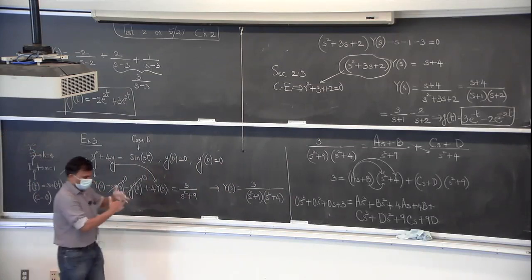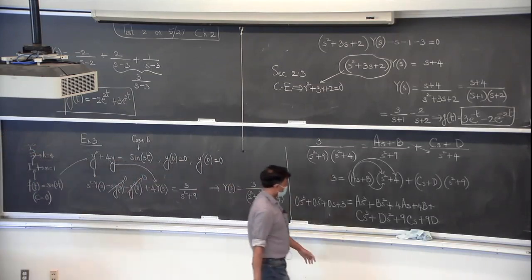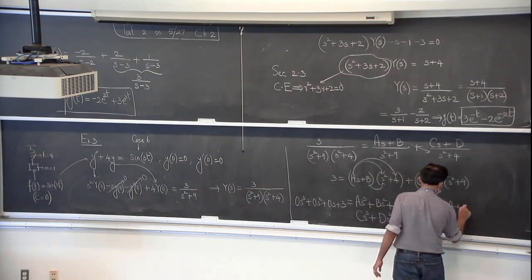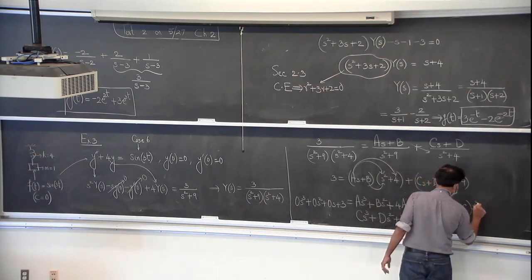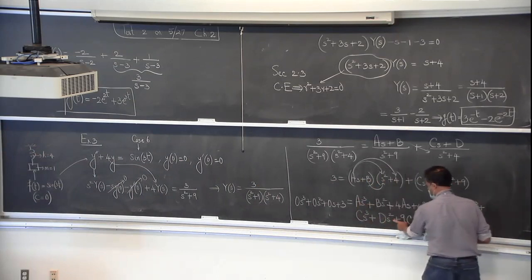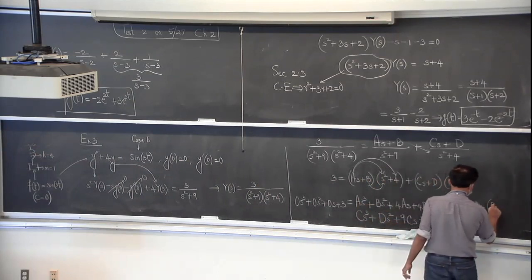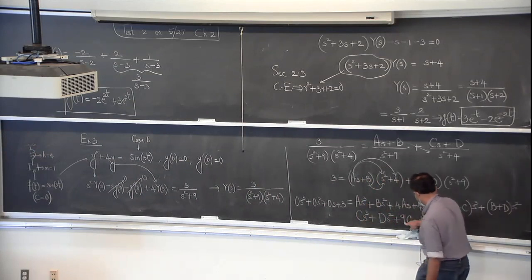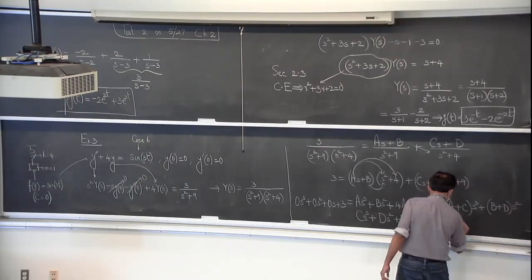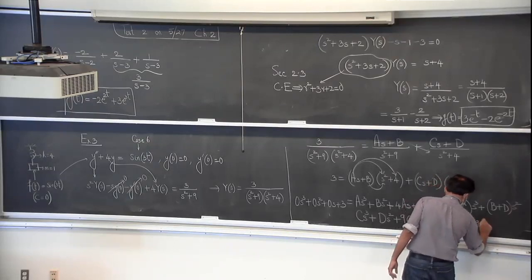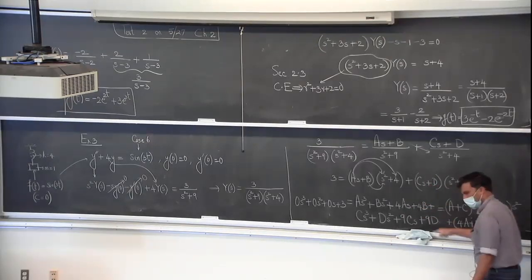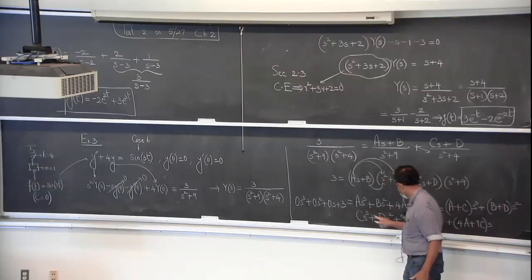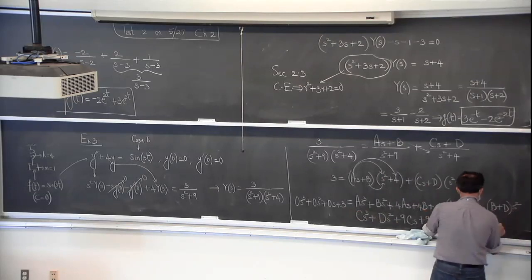Just need to set it up and compare the coefficients on both sides. The right-hand side would become a plus c times s to the 3, combining those two, plus b plus d times s square plus 4a plus 9c times s. And the last term is a precious one because that is what is going to keep this non-zero. Plus 4b plus 9d.